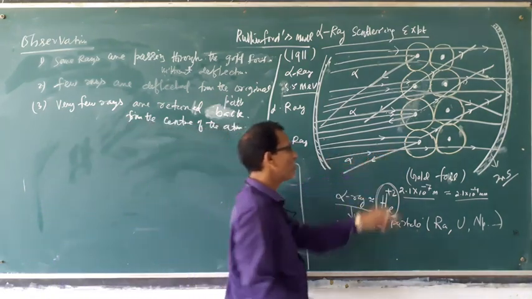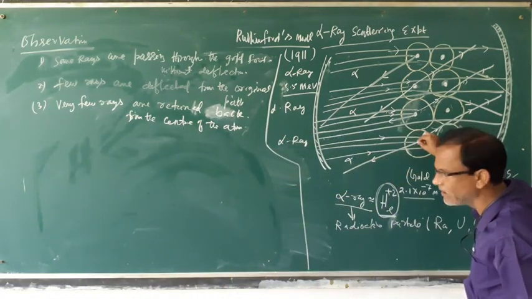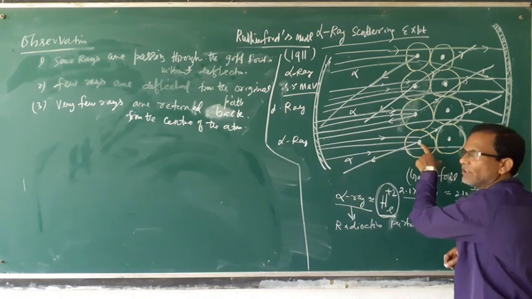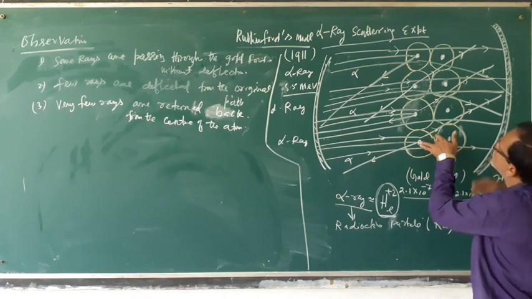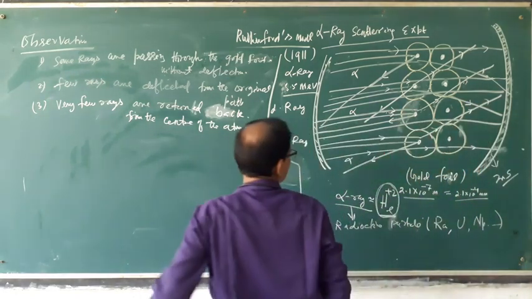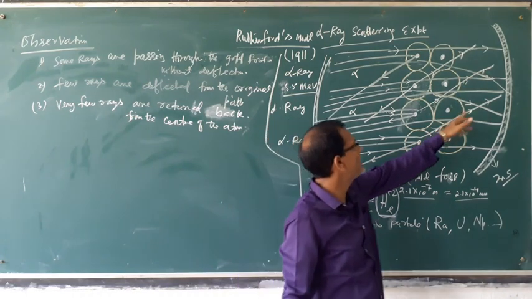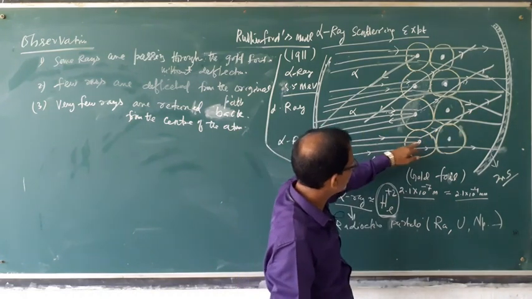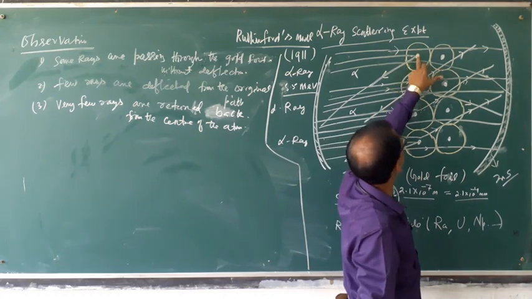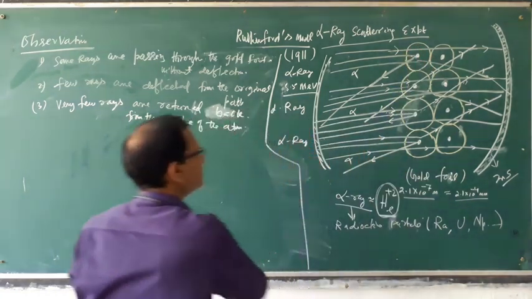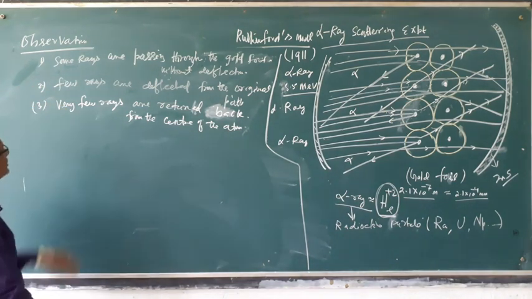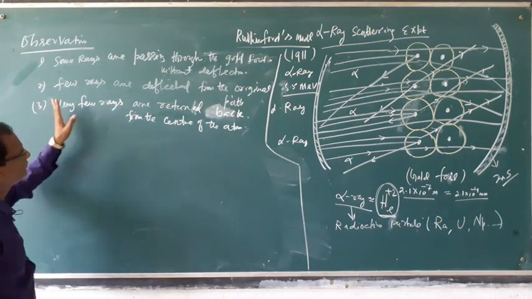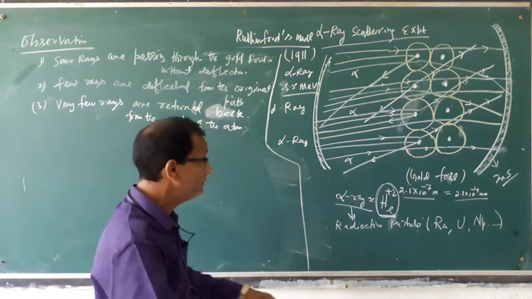Just very close to the center, it shows deflection. But away from the center, there is no deflection, meaning the ray moves straight. So he found 3 observations. Some rays moved straight without deflection, few rays deflected, and few rays returned back.